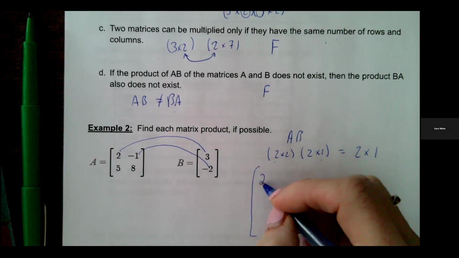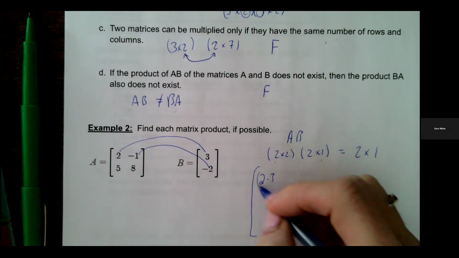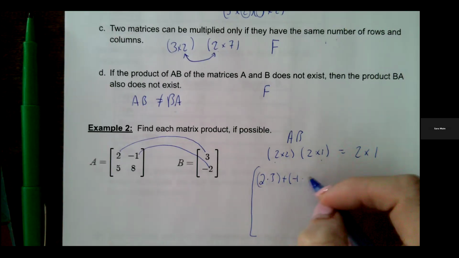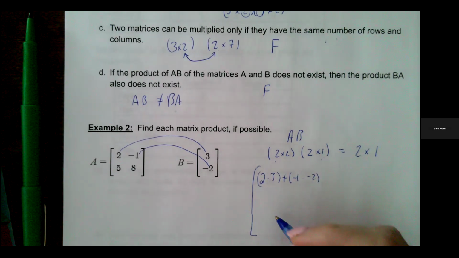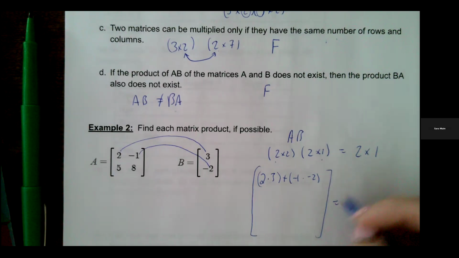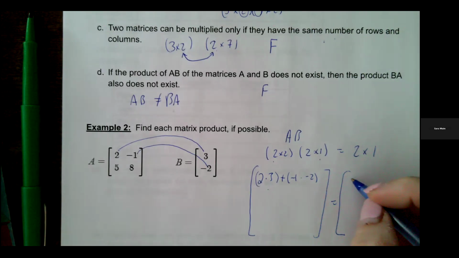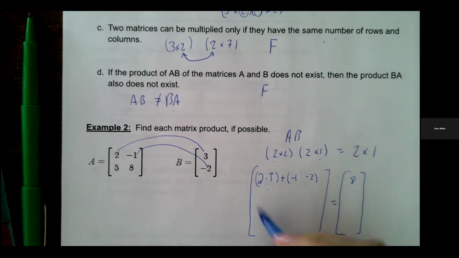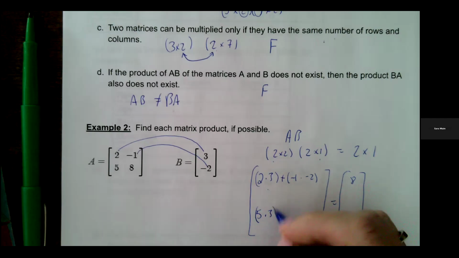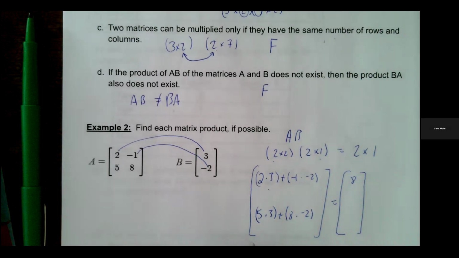So we're going to have 2 times 3 plus a -1 times a -2. And that is 6 plus 2, which is 8. And then we're going to have 5 times 3 plus 8 times a -2. And that'll be 15 plus a -16, which is a -1.